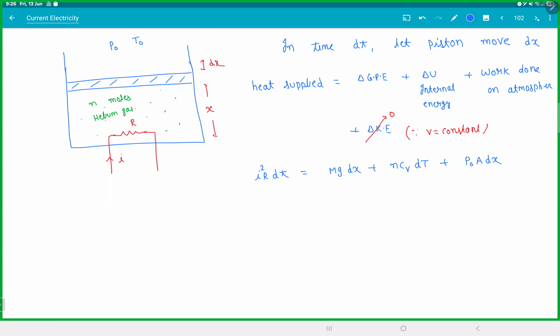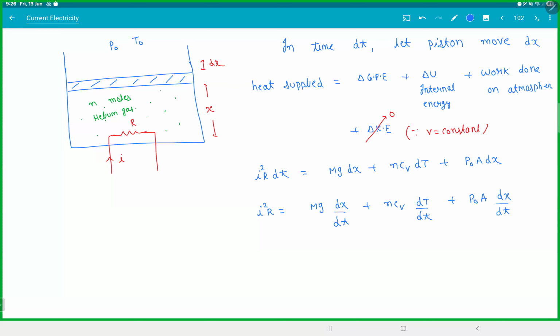Clear with that? dx by dt is the speed, isn't it? So if you send dt to that side, I get I square R equals mg dx by dt, which is the speed I want, plus n Cv dT by dt, this is where I got stuck, plus P naught A dx by dt. So I need to find dT by dt in terms of velocity.